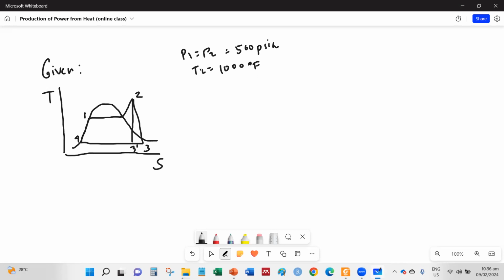The efficiency of the turbine equal to 75%.